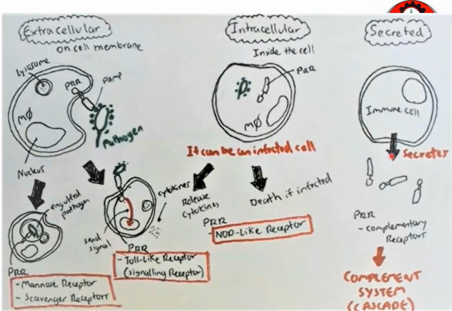Some immune cells also secrete these PRR receptors, which are complementary receptors, and these receptors are going to help the complement system or the complement cascade in its activation process.